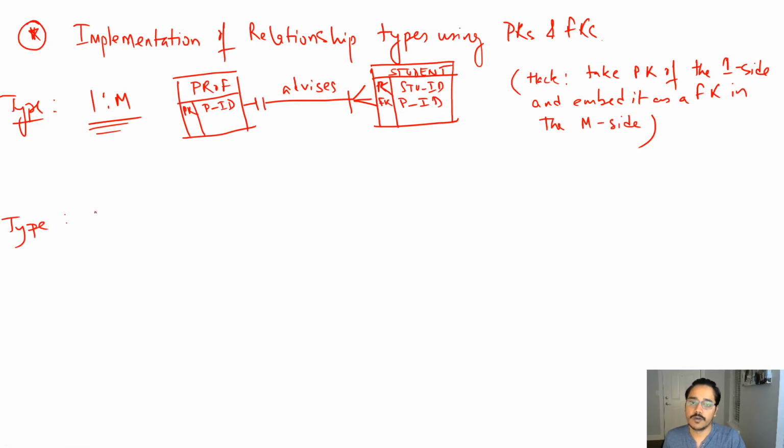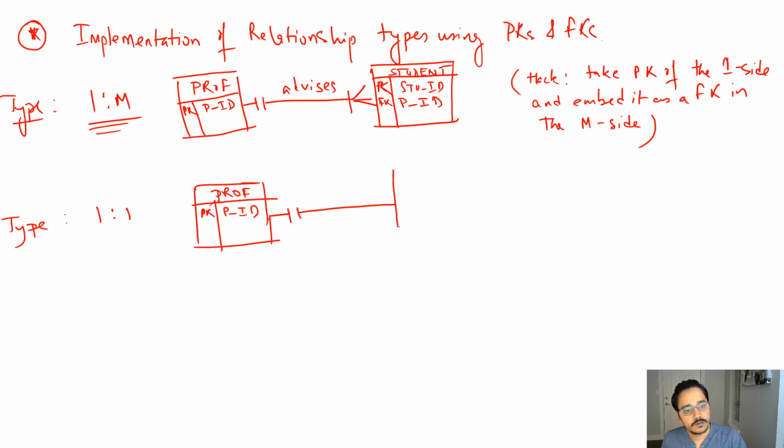Thereafter, if you have 1:1, and let's say you have professor, and again you have the primary key as professor ID, and then you have, not necessarily mandatory, it will be optional.